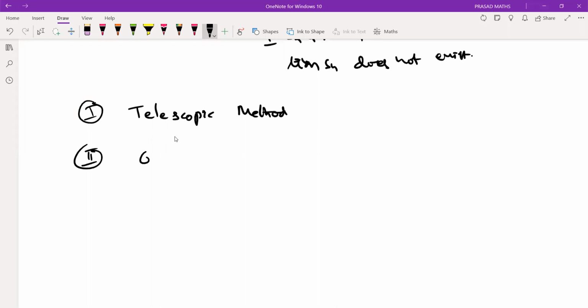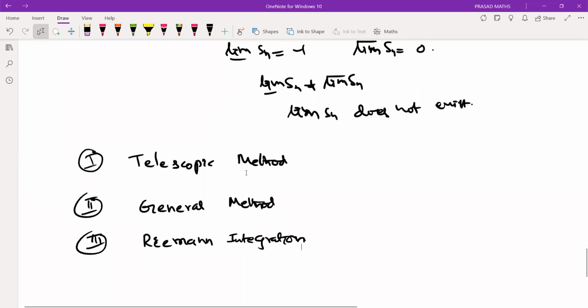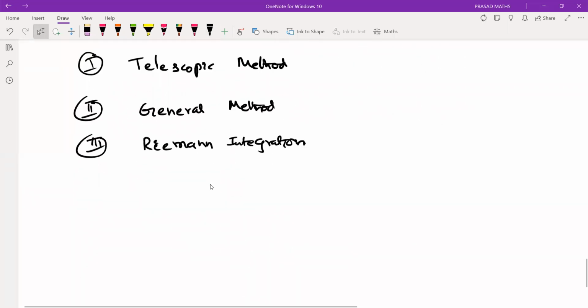Second is the general method, that is Riemann's method, Riemann integration. These three are very fundamental results. We are given the series definition. Now how to compute the series value? Right? So first example, the telescopic method.